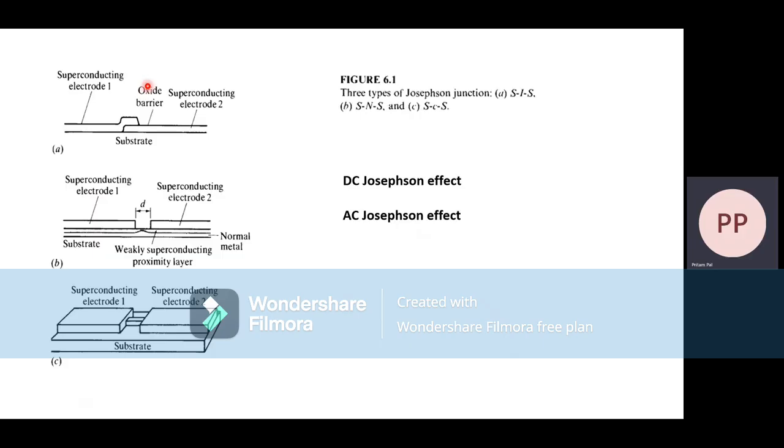Just by changing the carrier concentration, you can get a superconducting state or an insulating state in this material. That's the beauty of magic angle twisted bilayer graphene, and that is why it's called magic. Simply by tuning your gate or the charge density, you can make this kind of Josephson junction, and you will also observe the DC and AC Josephson effects. This is just for information's sake.